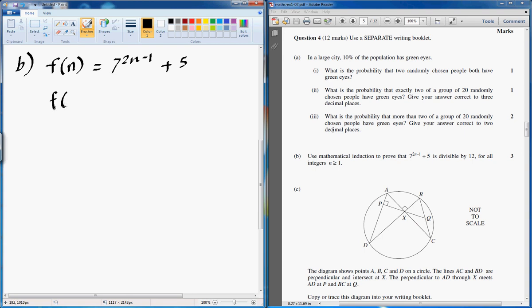We need to prove that this is divisible by 12. So you choose f of 1, which is going to be 7 plus 5. So 2 times 1 is 2, 2 minus 1 is 1. So 7 to the power of 1 plus 5 is equal to 12. So therefore divisible. So this is divisible by 12.